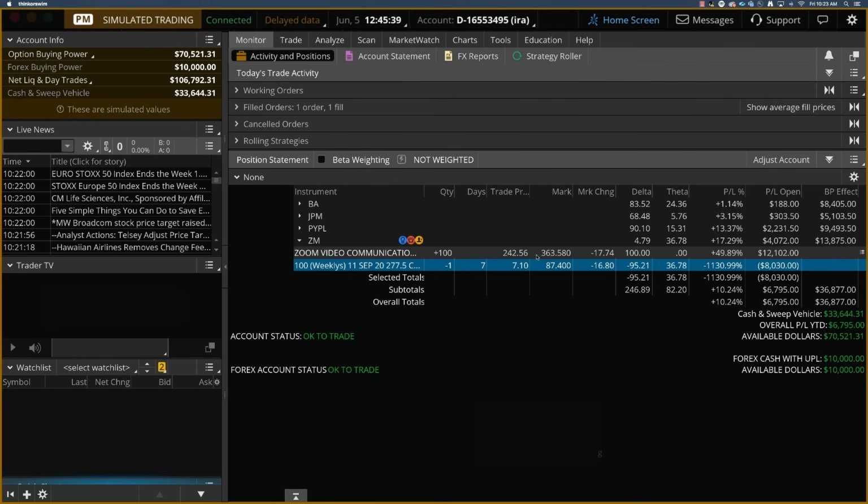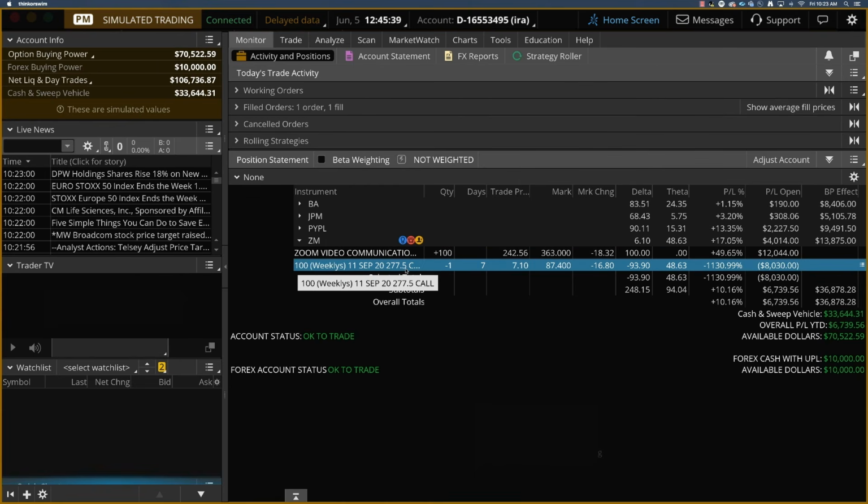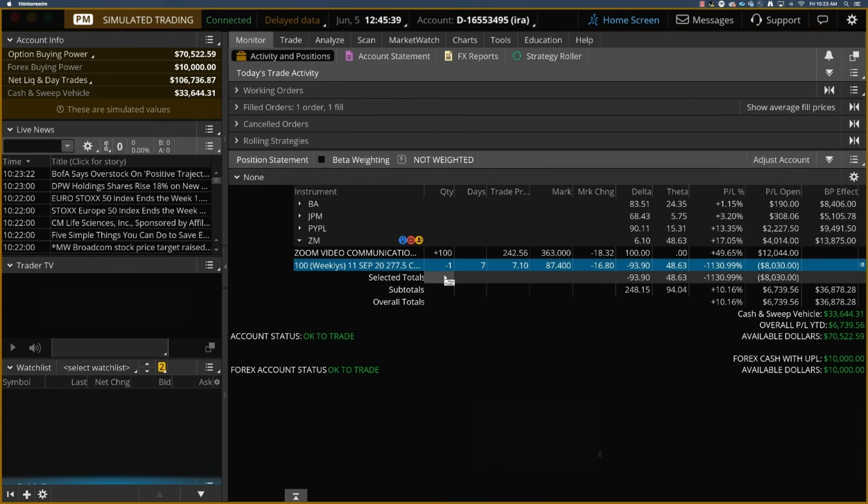Remember, when the investor sells a covered call, they obligate themselves to sell those shares at $277.50. And with the stock so much higher than that strike price, we probably know there's a very high likelihood that this paper money account is going to be losing these shares of stock, okay?